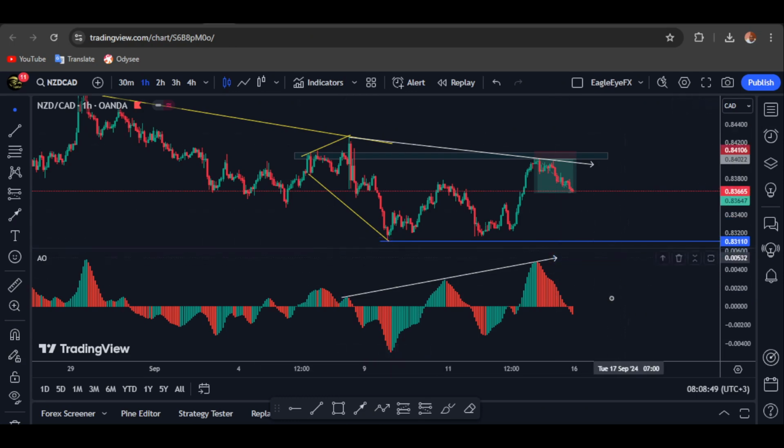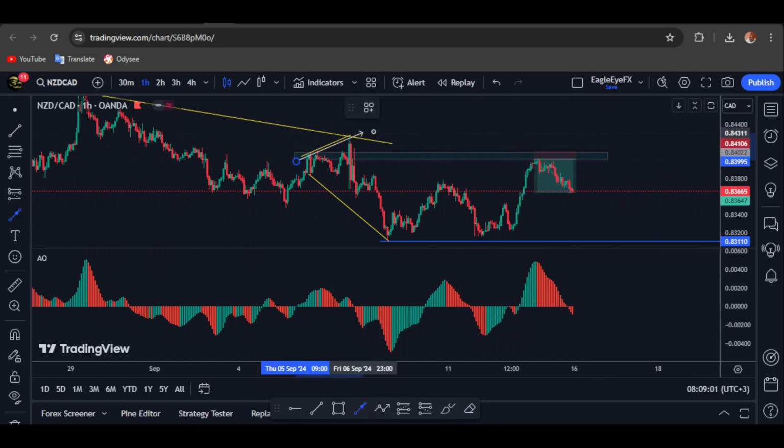What is that? That's a clear hidden divergence over there. That's the reason why we'll be interested in looking for sells once the market approaches that level. And also you can see here as well, as the market was giving us higher highs, the awesome oscillator was giving us lower highs. That's also another divergence.